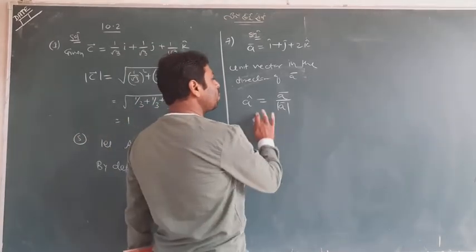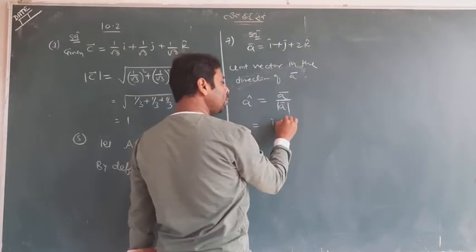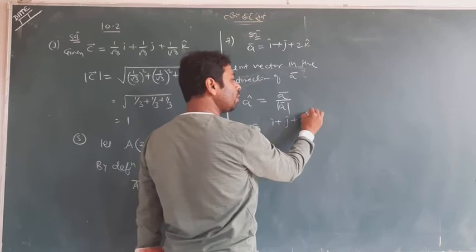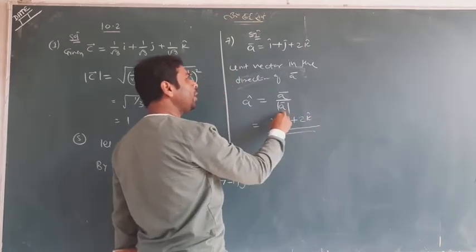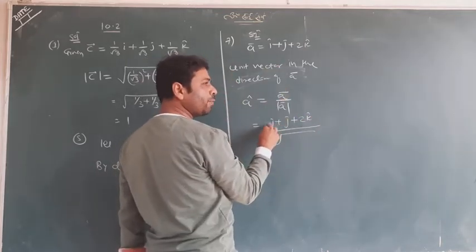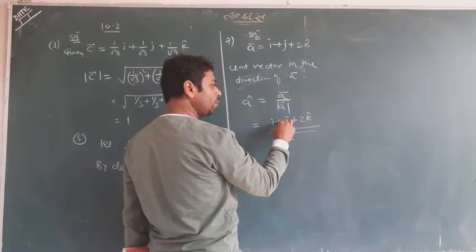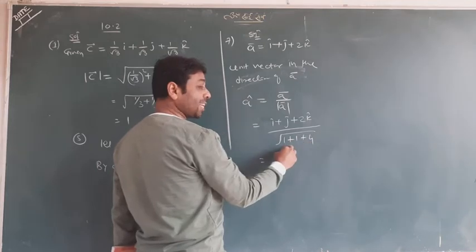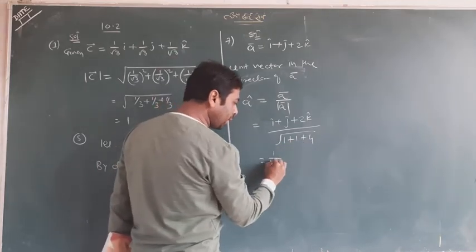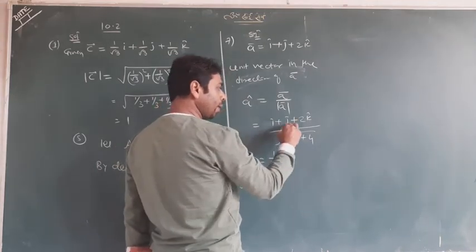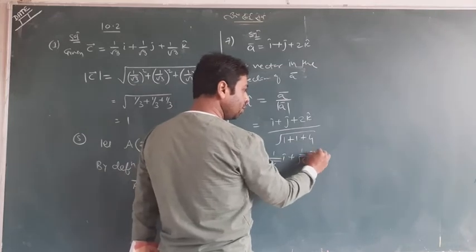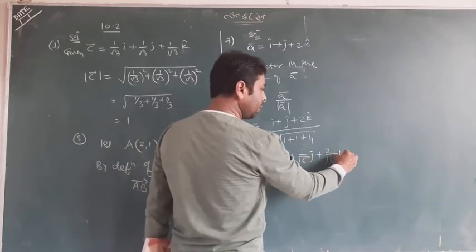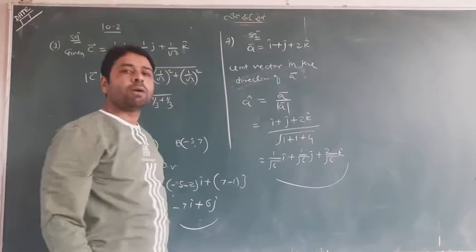So vector A is i plus j plus 2k upon mod A, meaning 1 is the coefficient of i, 1 squared, coefficient of j is 1 squared, coefficient of k is 2 squared. So it's root 6. We'll separate it: 1 by root 6 i, 1 by root 6 j and 2 by root 6 k. This is the final answer.